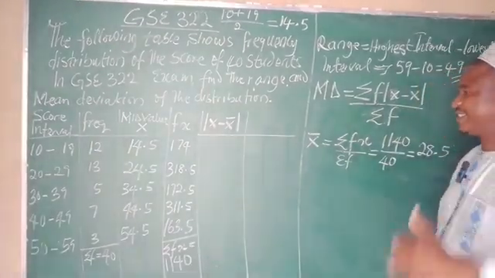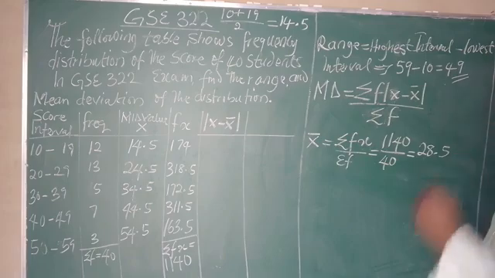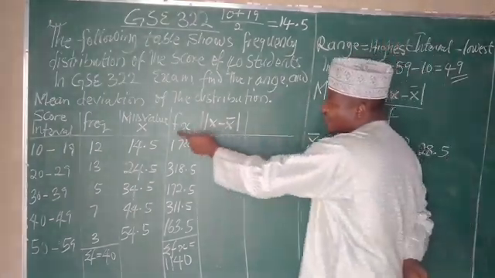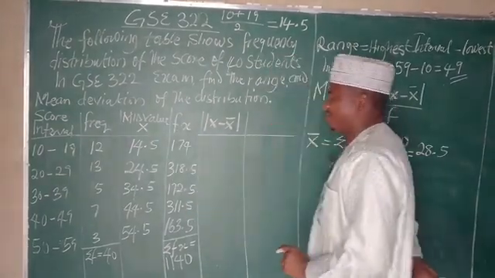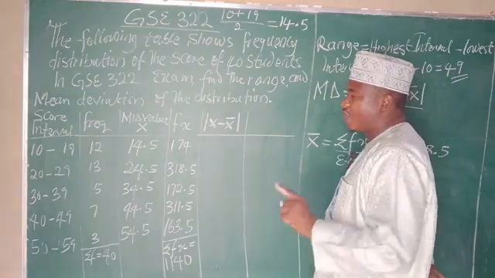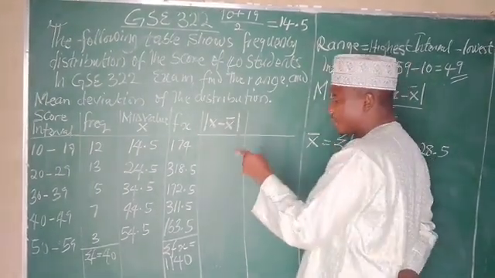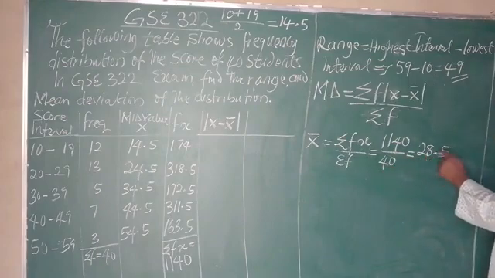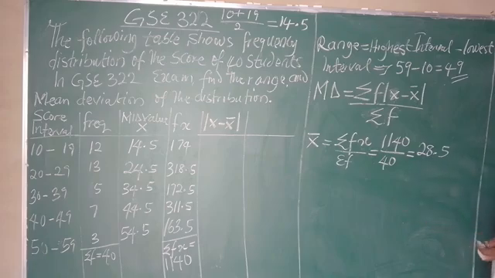How do we get x minus x bar? I told you initially we were not having x on the table and we found it. And we were not having x bar, which is the mean, and we found the mean of the whole distribution to be 28.5.